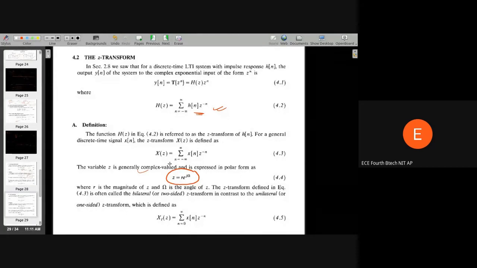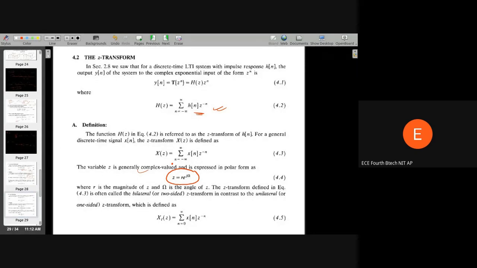Now in case of Laplace, the value sigma, and in case of Z, the value of r, will determine in what range, what region, what values of r or sigma you can get a mathematically convergent solution.